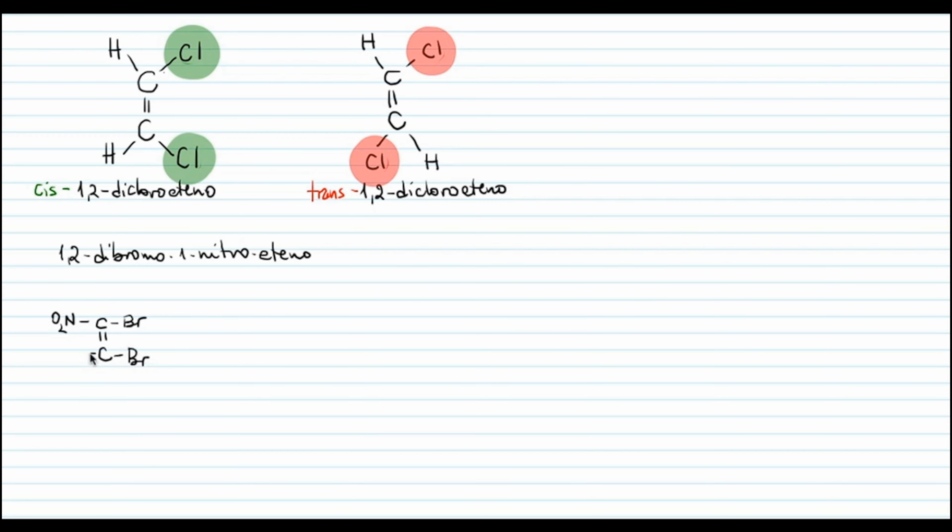We are going to represent it in a more dimensional way to be able to classify them. So I have to draw the two carbons, draw their 4 bonds, and replace each one with one of the substituents.